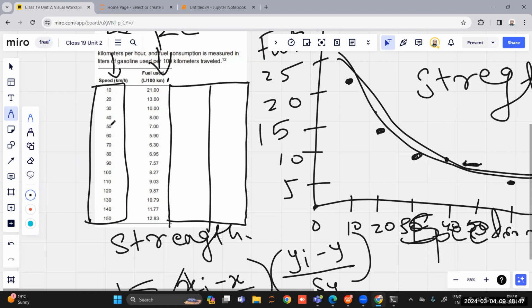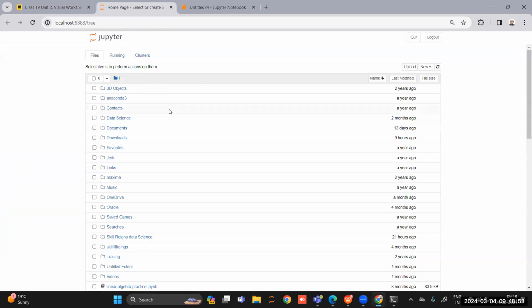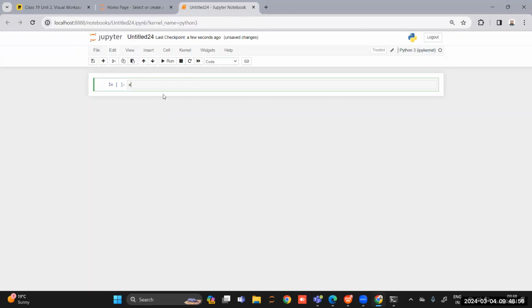Just for calculating the mean, the data goes from 10 to 150. So I'll make a list, x equals 10, 20, 30, 40, 50, 60, 70, 80, 90, 100, 110, 120, 130, 140, 150.